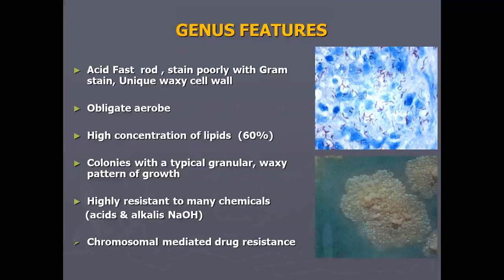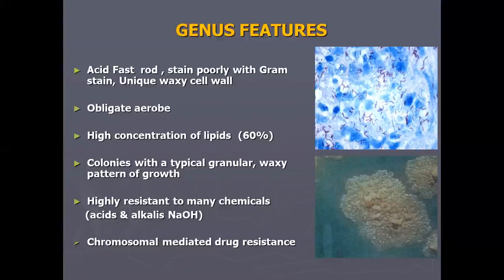We all know that mycobacteria are acid-fast microorganisms. They are not gram-positive, they are not gram-negative, but they have a different cell wall structure, and that cell wall structure gives them specific staining characteristics, and they are stained with the help of the ZN stain. The organism can hardly be stained with the gram stain procedure.